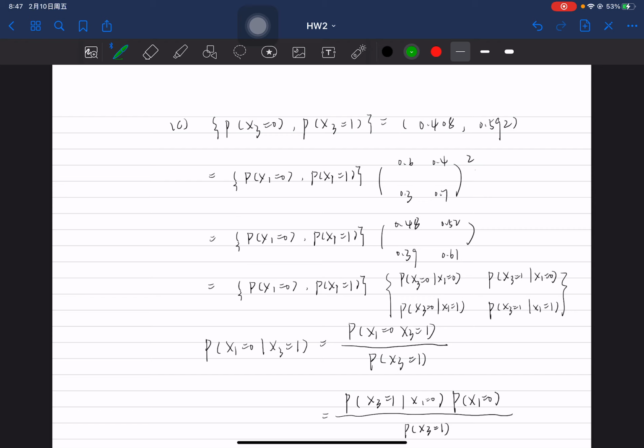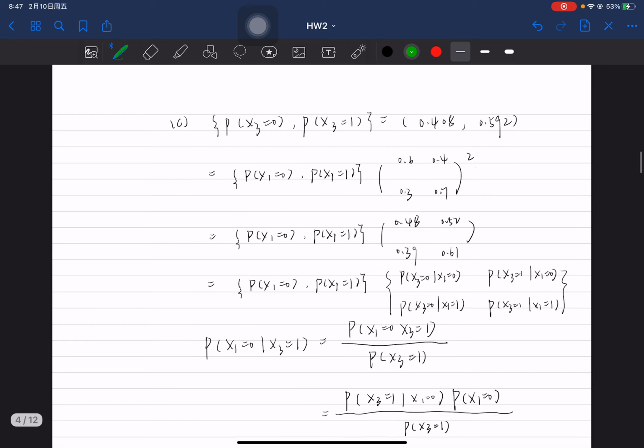In question B, we have found that the probability of x3 equals 0 and the probability of x3 equals 1, which is 0.408 and 0.592.